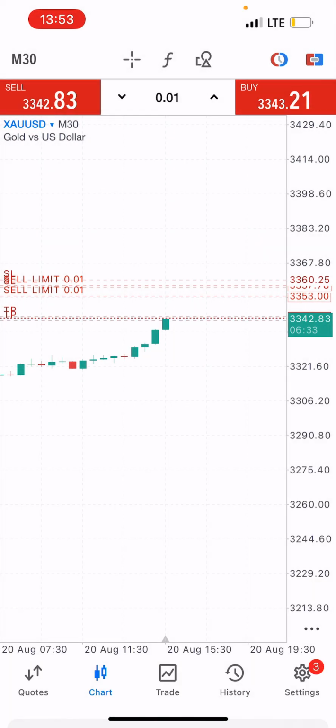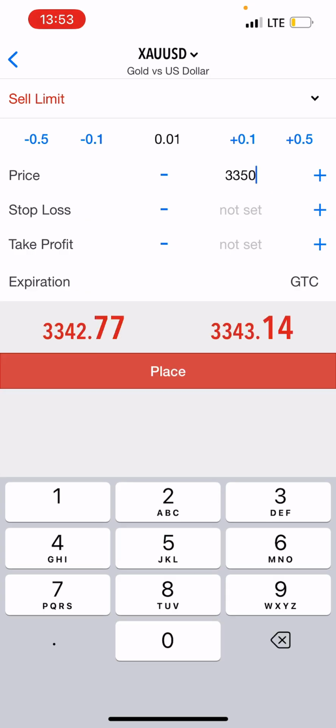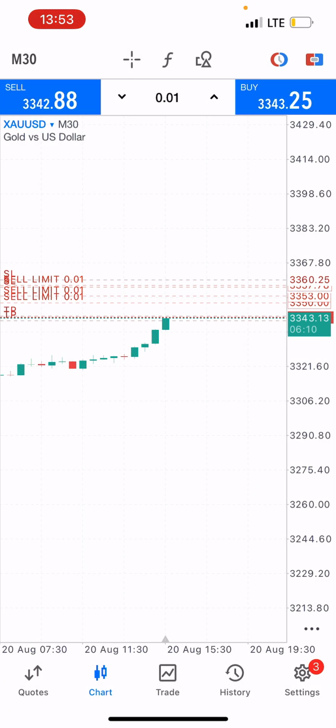Then I'm going to place the trade again with 3350 so that you will understand what I mean by lower risks. In a sell, the higher the number, the lower the risks and the higher the profits. The lower the number means higher risks.